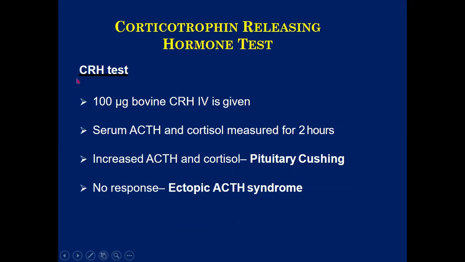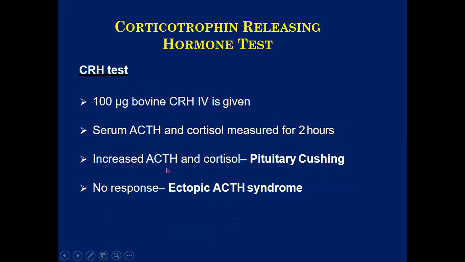Then this test, CRH stimulation test, is not routinely done now. 100 microgram of CRH is given, then serum ACTH and the cortisol measured for 2 hours. Then if there is increased level of the ACTH and the cortisol, pituitary Cushing or the Cushing disease. If no response, then ectopic.